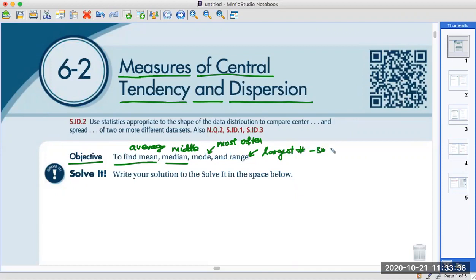So the order is important when you subtract, not the other way around. Has to be like large minus small. By the way, this symbol means number. So those are the 4 items we're going to find.